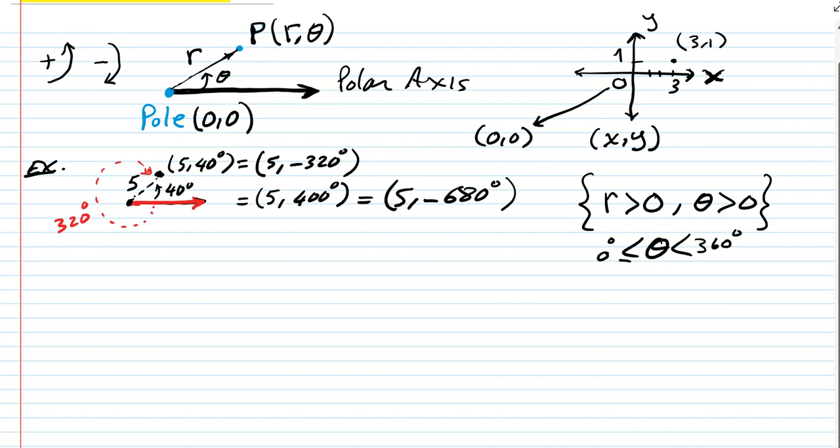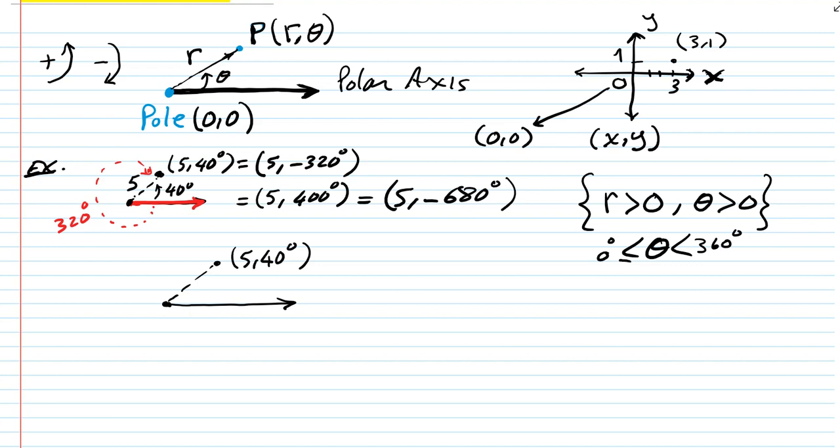Now, the fact that I wrote we agree r to be positive here suggests, well, can r be negative? And the answer is yes. So let's take a look at the case where r is negative and how that's handled. So here's my polar axis. Suppose this point here is going to be 5 and 40 degrees, the one that I just showed you up here, the only example I have so far.